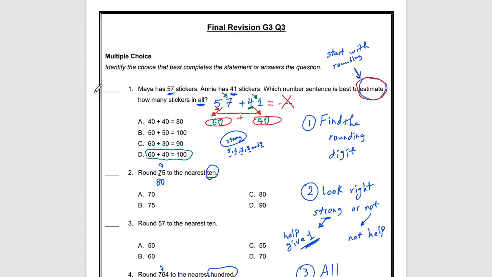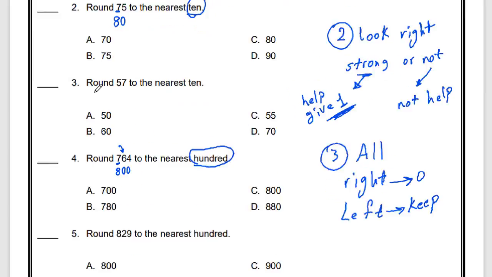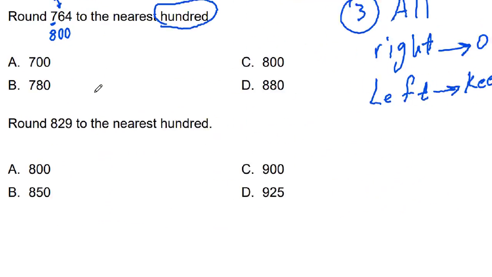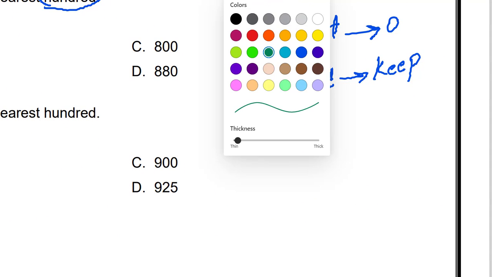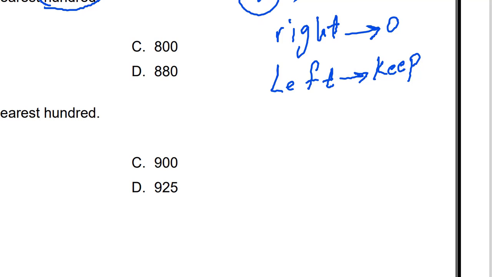The last thing I want to tell you about rounding is when you round to the nearest 10. I will write the question here. When you round 358 to the nearest 10.